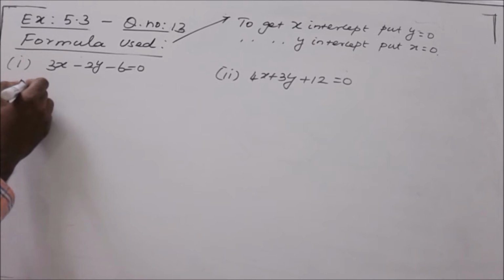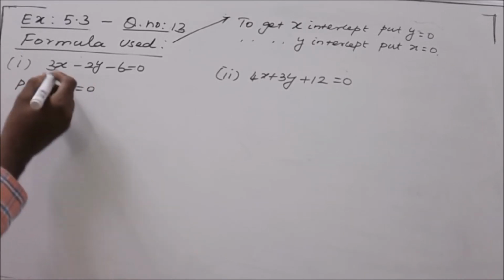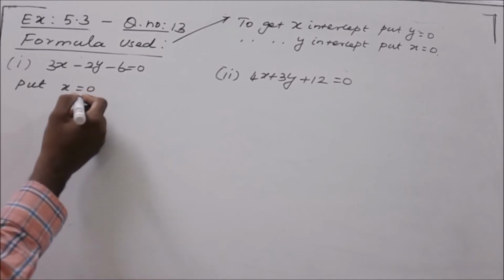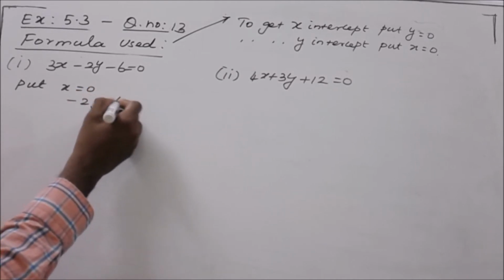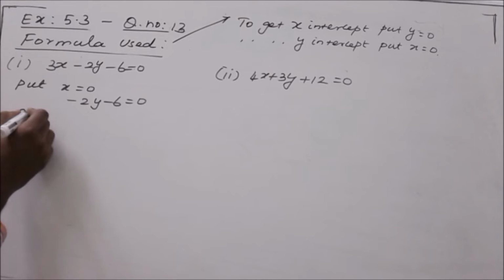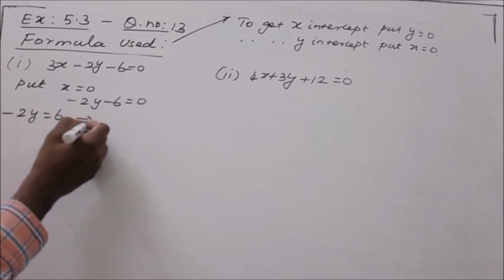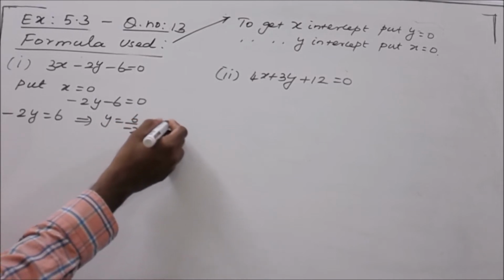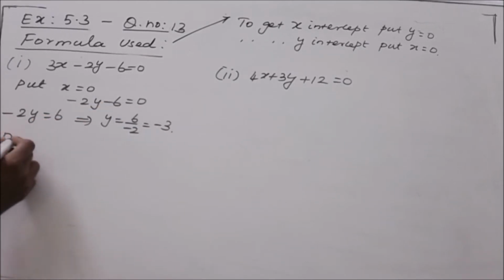So put x equal to 0 first. If x is 0, the x term becomes 0, which implies minus 2y minus 6 is equal to 0. Minus 2y equal to 6, which implies y equal to 6 by minus 2 equal to minus 3. Now put y equal to 0.